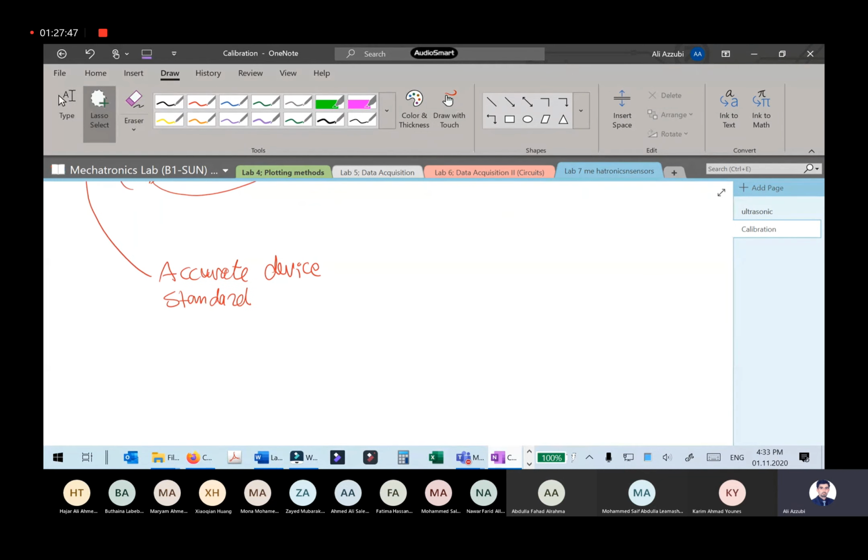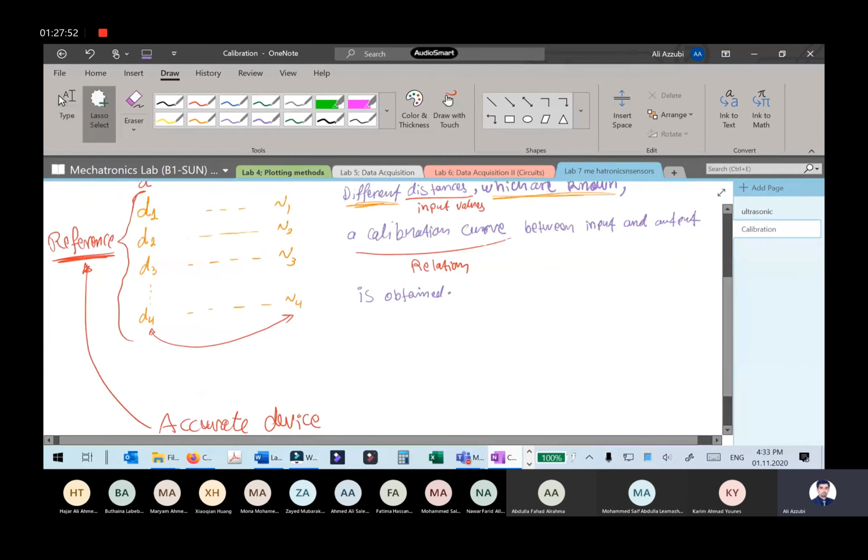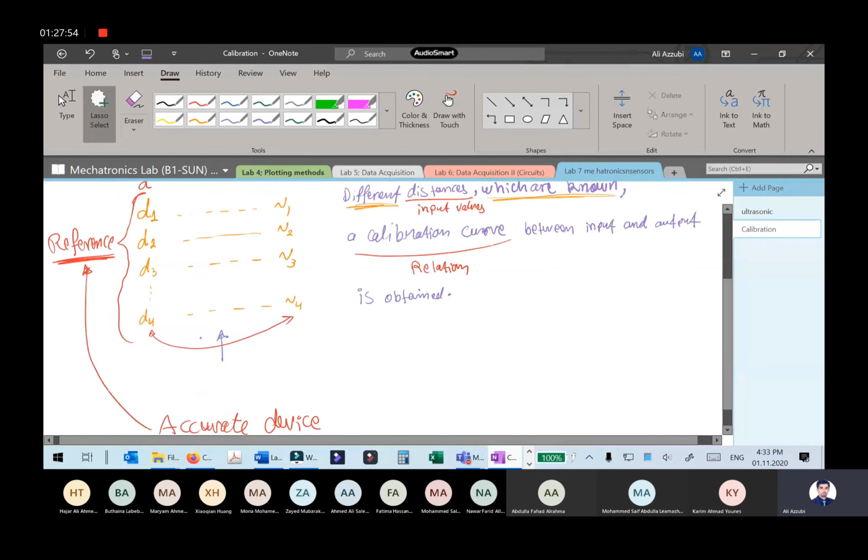So before we go, you understand this idea of sampling? Let's call it input-output sampling.